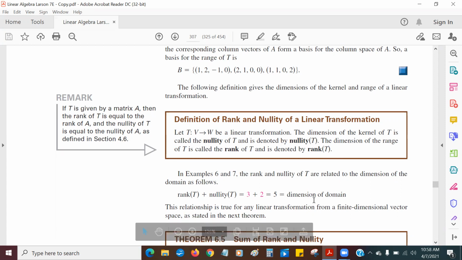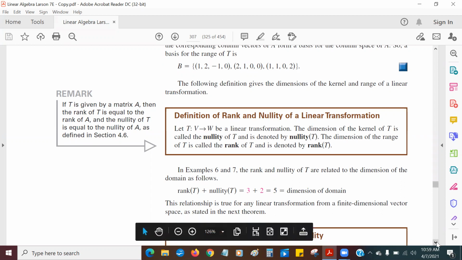This relationship is true for any linear transformation, and again it is very similar to the concept we saw in section 4.6 when we were talking about matrices. That's what the remark here says. If T is given by matrix A, then the rank of T is equal to the rank of the matrix A, and the nullity of T is equal to the nullity of A. This whole definition really comes from the same definitions that we did back in 4.6.